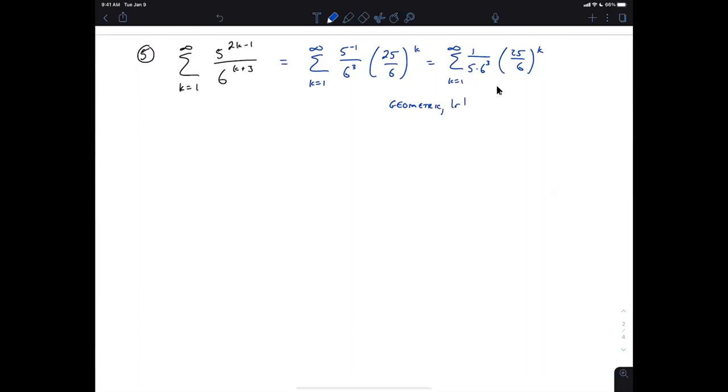The absolute value of r is 25 over 6, which is bigger than 1. So the series diverges. And then we don't find a sum because there's not one. Any questions so far?